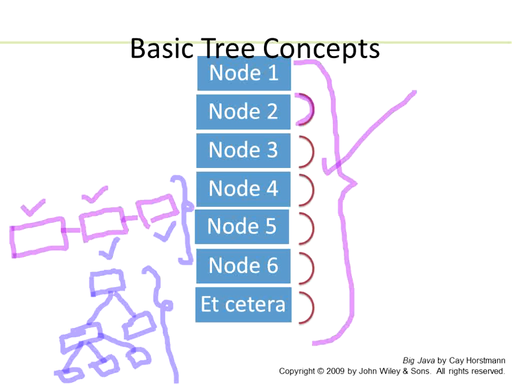It is clear? Good. So this is the basic difference between a linked list and a tree. Although both are data structures, your linked list is a linear data structure and tree is a hierarchical data structure.